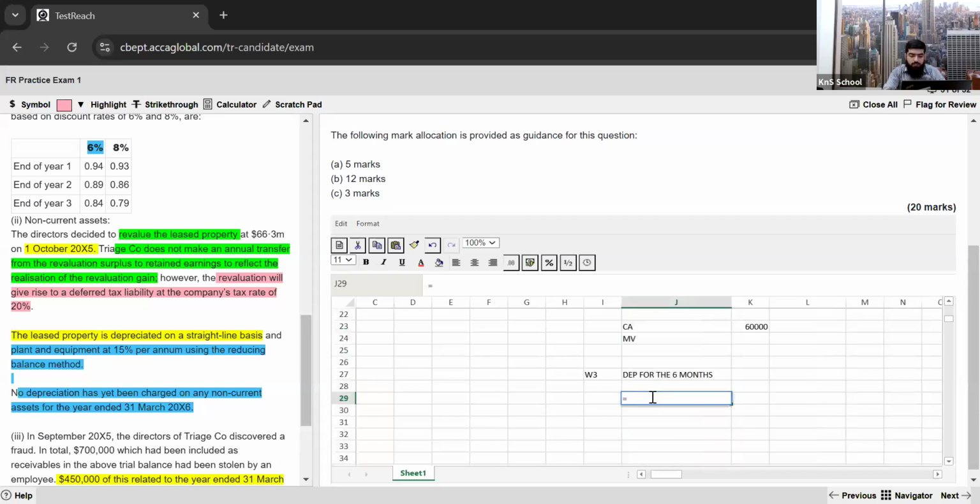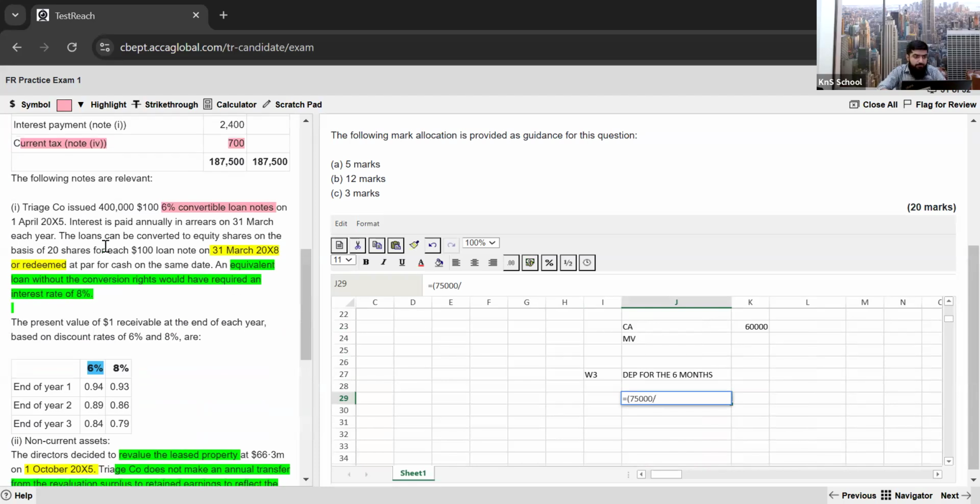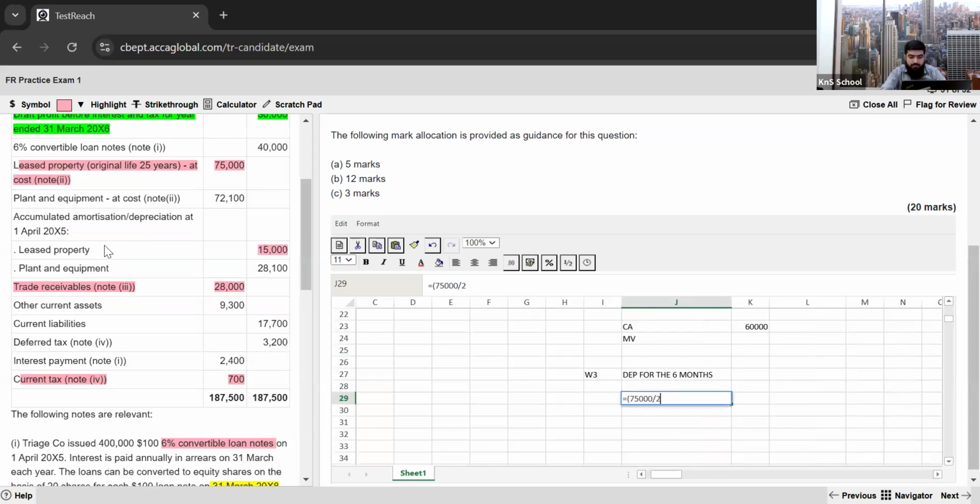The cost of the asset was 75,000, and the life is 25 years. This will give you the annual depreciation. I need the depreciation for 6 months, so multiply by 6 and divide it by 12. It's 1500.